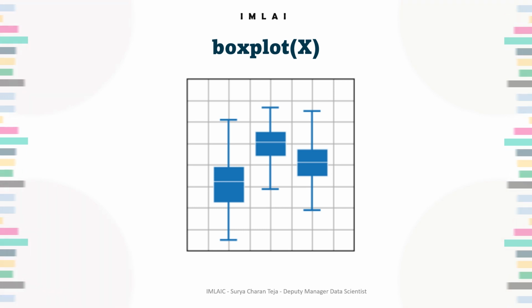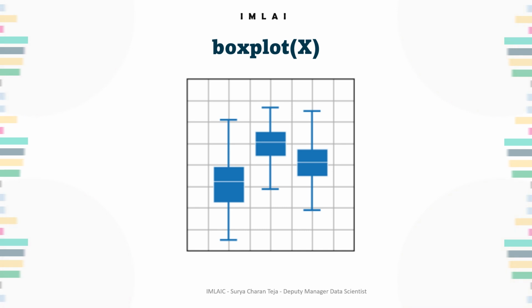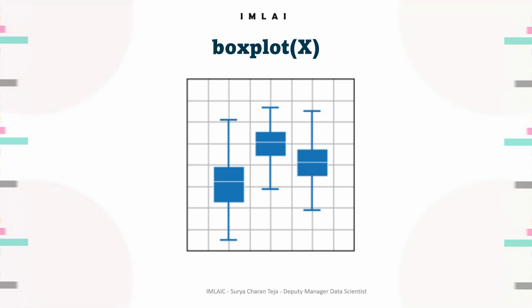Box and whisker plots allow for comparison of data from different categories for more effective decision making. So now the question that pops up in our mind is when to use a box and whisker plot.